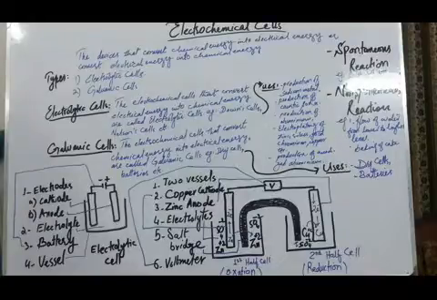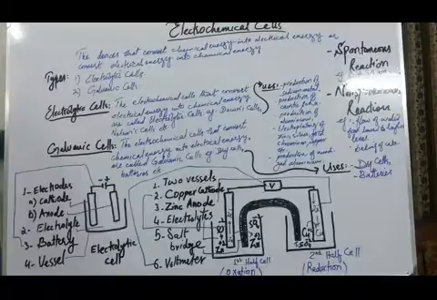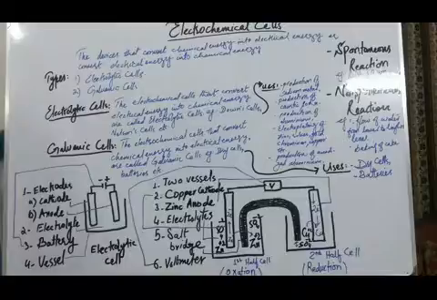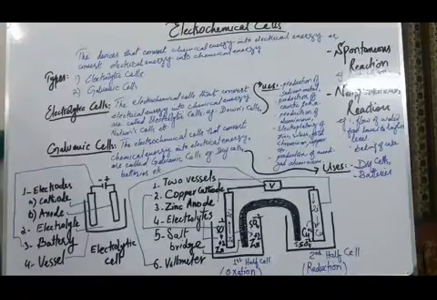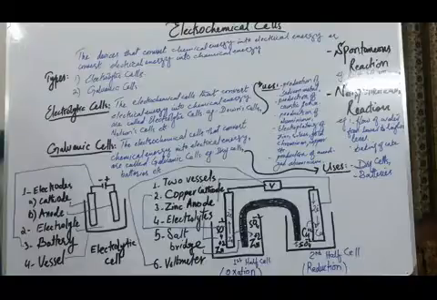If we see the word electrolytic, electro means electricity and lytic means lysis, breaking. In other words, in this cell, the breakage of a chemical substance with the help of electricity is carried out.